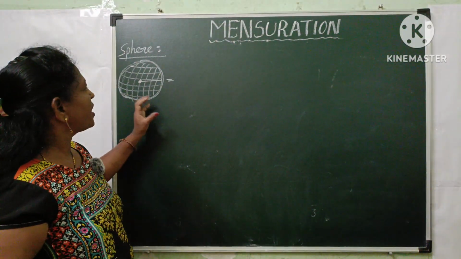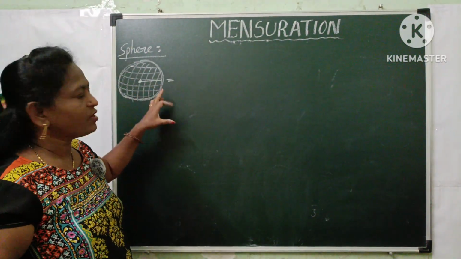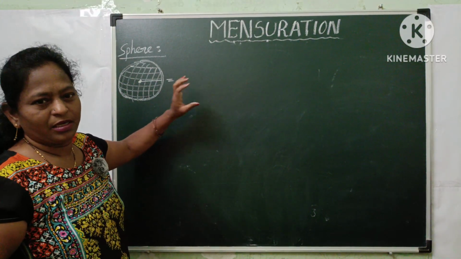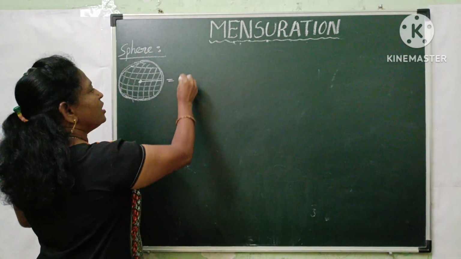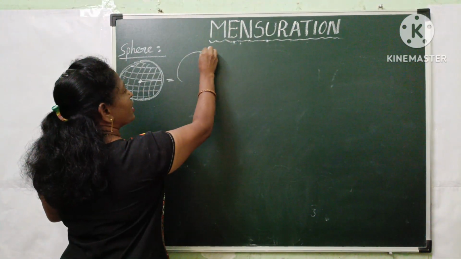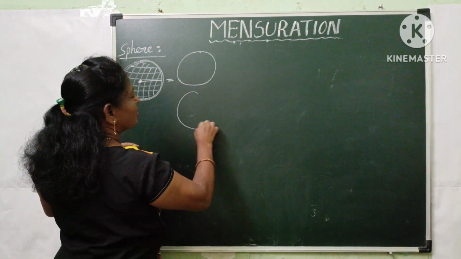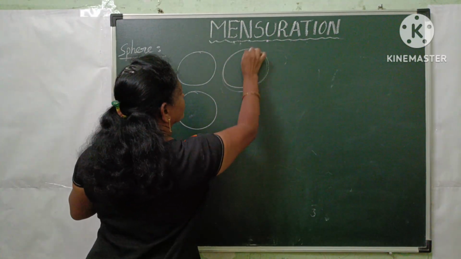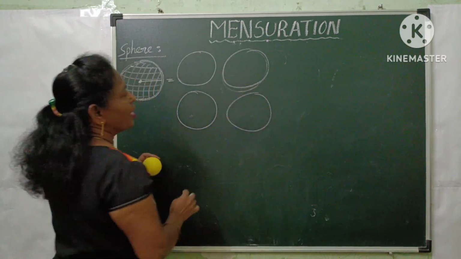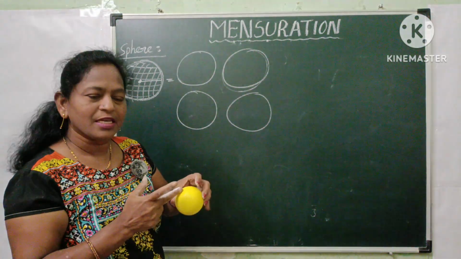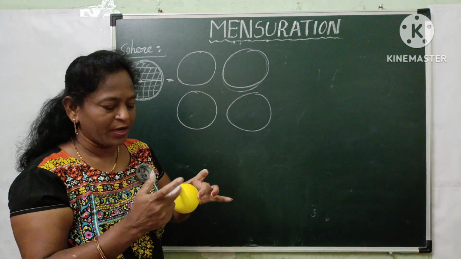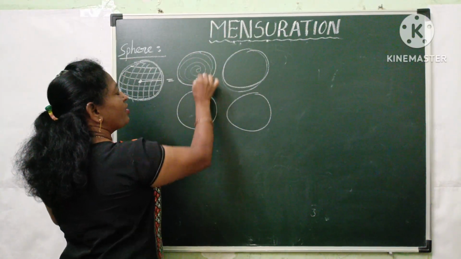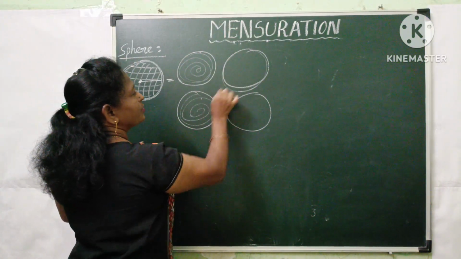The surface area of this sphere of radius r is equal to 4 areas of circles with the same radius. Same radius, we have to draw the 4 circles. And you cut strings from this tennis ball or any ball and fill these circles. Then it is sufficient for 4 circles.